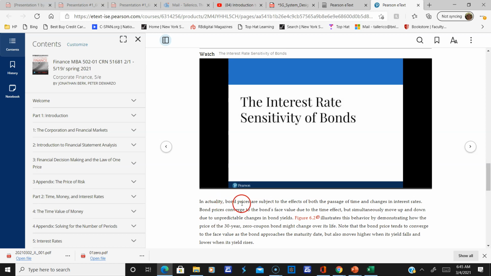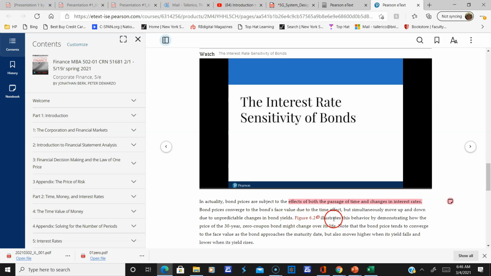So in actuality, and this is important, bond prices are subject to the effects of both time and changes in interest rates. Bond prices, as we know, converge to the face value due to the time effect, but also move up and down due to unpredictable changes in bond yields.